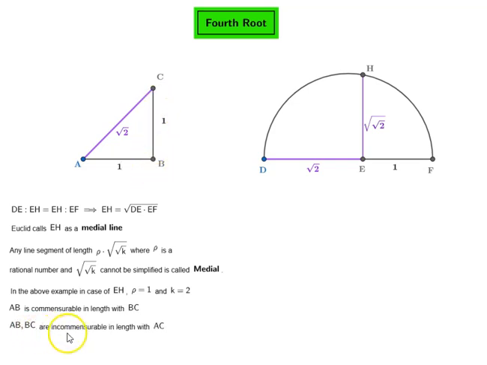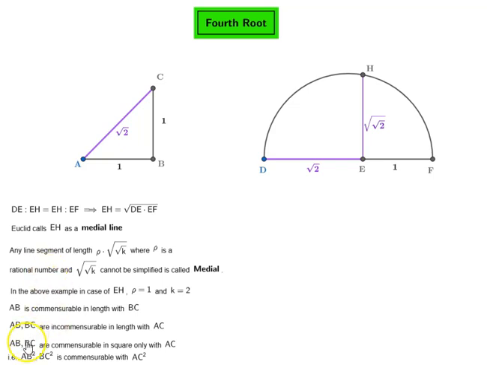AB and BC are incommensurable in length with AC. AB and BC are commensurable in square only with AC. That means if you take the squares, they are commensurable. So AB square and BC square are commensurable with AC square, because AB square is 1, BC square is 1, and AC square is 2.